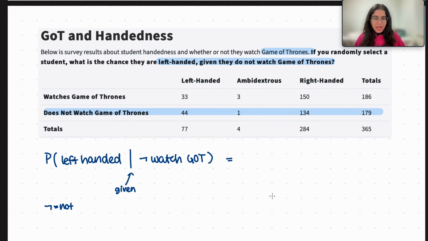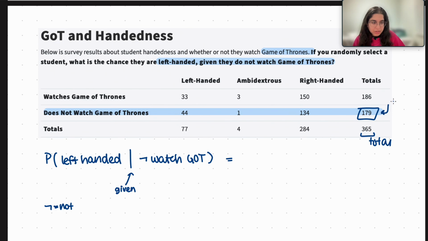So I know that out of this pool of 179 students, that's the students that I'm picking from, and I want to know the probability that the student I pick is left-handed given that they do not watch Game of Thrones, given that there's 179 students out of a total of 365 students that I have here in my sample.